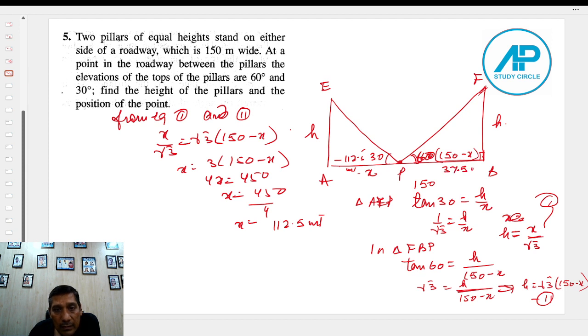Now we have to find the value of h as well. I have many options, so I find the easiest one.